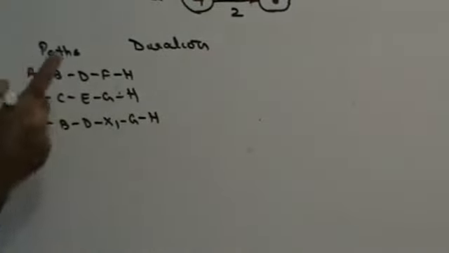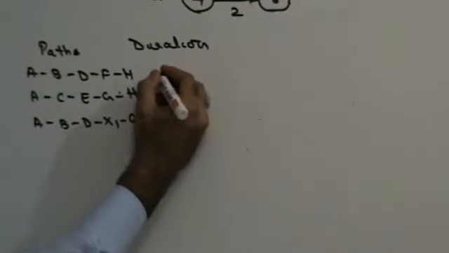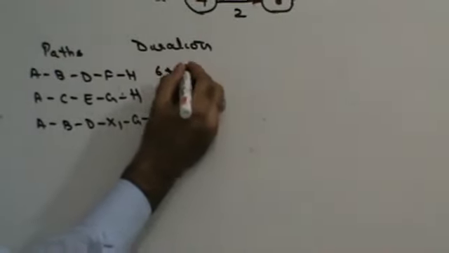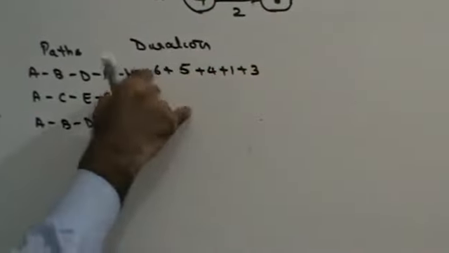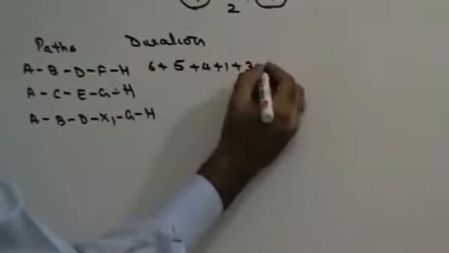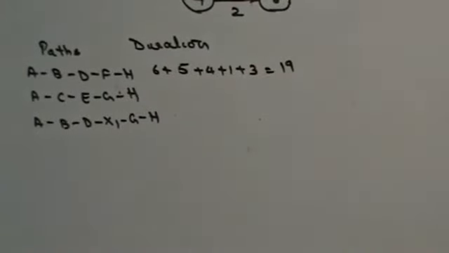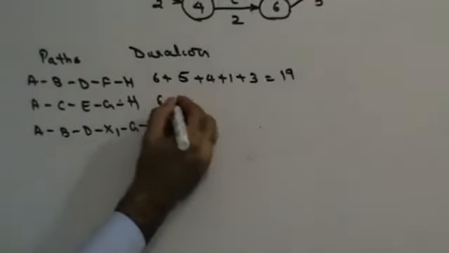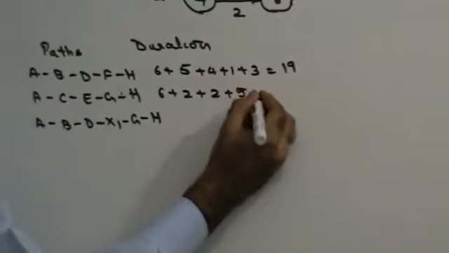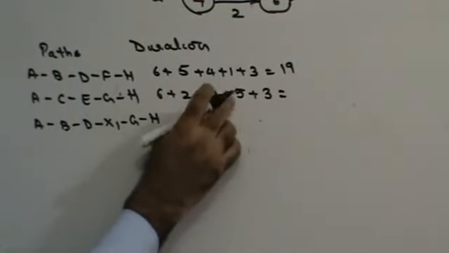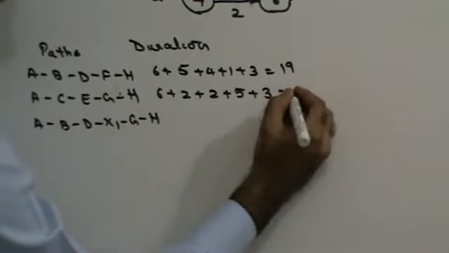Now A, B, D, F, H: A is 6, 5, 4, 1, 3, so 6, 11, 15, 16, 19 days. This is going to take 19 days. Then you have A, C, E, G, H: 6, 8, 10, 15, 18 days.